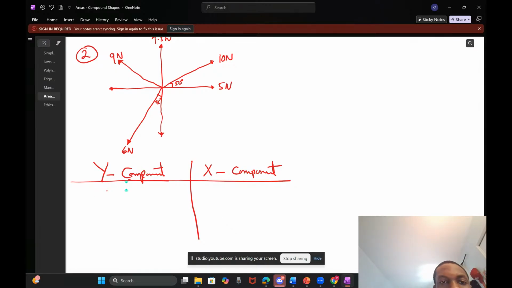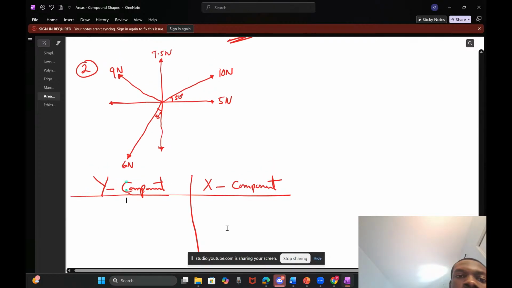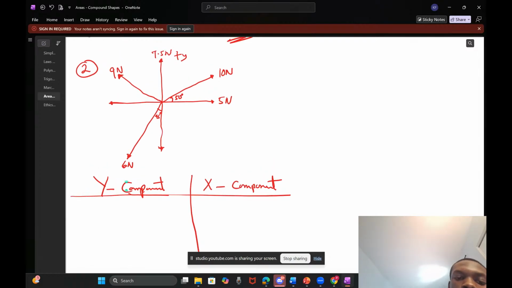It does not make any angle with the x-axis. So now let me put it again. This is the positive y-axis. This is the negative y-axis. This is the negative x-axis. This is the positive x-axis. Okay, so we have 7.5 newtons. That will be 7.5 sine 0. It makes no angle with anything, just a straight line facing up. 7.5 sine 0 will give us 0.